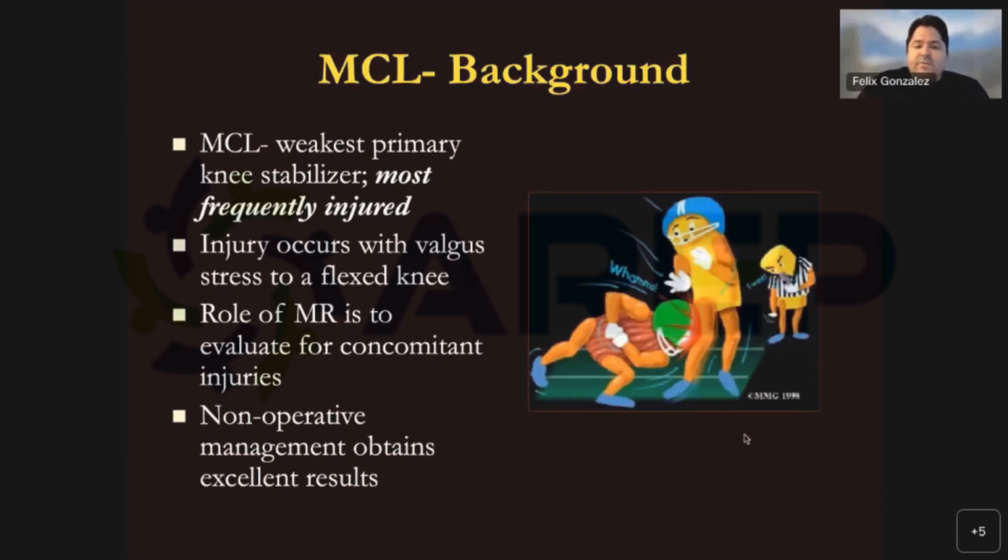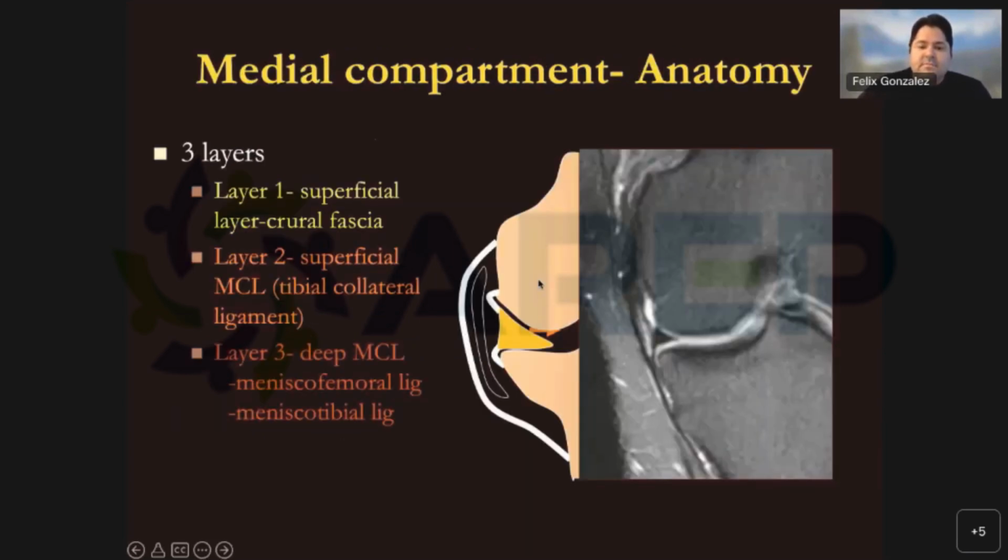Usually this injury occurs with valgus stress to a flexed knee, like here, a football player coming on the side of the player and impacting the lateral aspect of the knee, opening the medial aspect of the knee with direct force. The role of the MRI is to evaluate for concomitant injuries. Usually, with non-operative management, physicians are able to obtain excellent results.